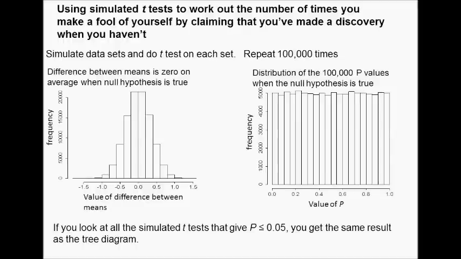In the case where the prevalence of true results was 0.1, we would find that the false discovery rate came out to be 36%, just as we got from the tree diagram, if we look at all p-values less than 0.05. However, that is arguably not what we should be doing.